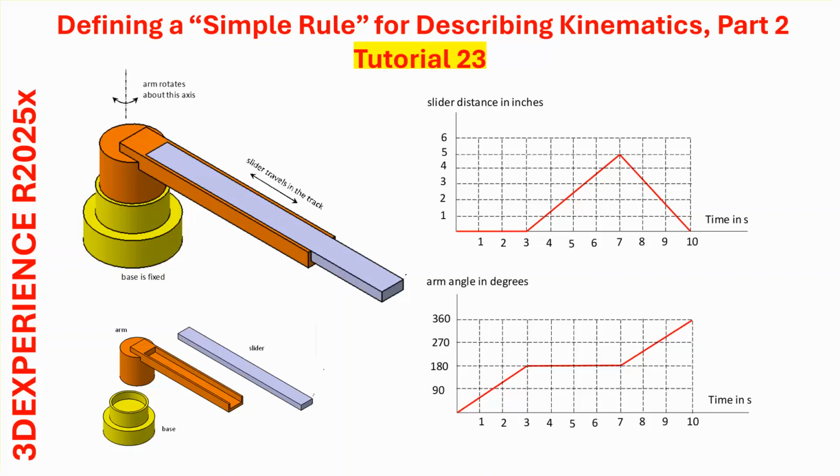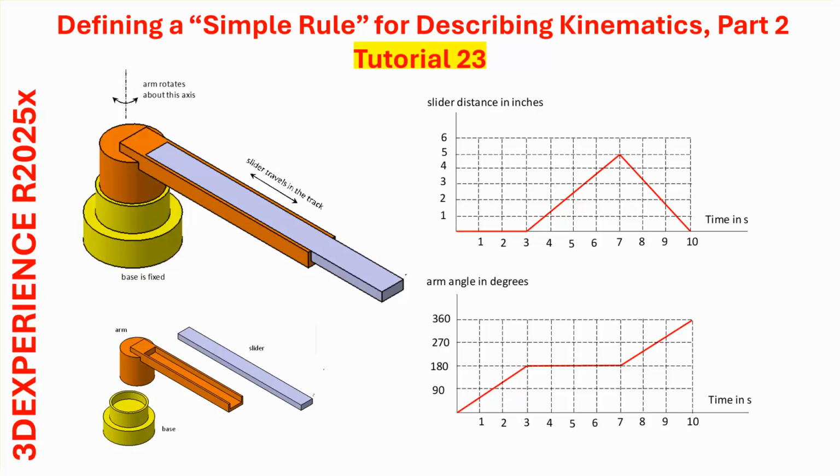What I did in tutorial 22 was a simplified version of this, where it involved only a prismatic joint, basically a box traveling down a track, and I wanted to write a few lines of code, which 3D Experience calls the rule, in order to follow a certain pattern.